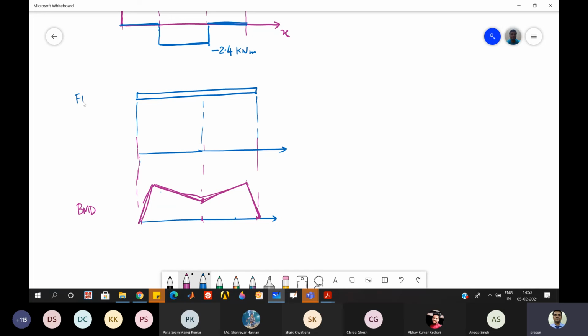This is, I'll call FBD, because I'll first ask about the forces, and then you can think of how FBD can be related to the boundary conditions, whether this end is fixed, pinned, or roller support. So that will come later. Okay. So first let us concentrate on the FBD, the free body diagram, and here there will be the shear force diagram.